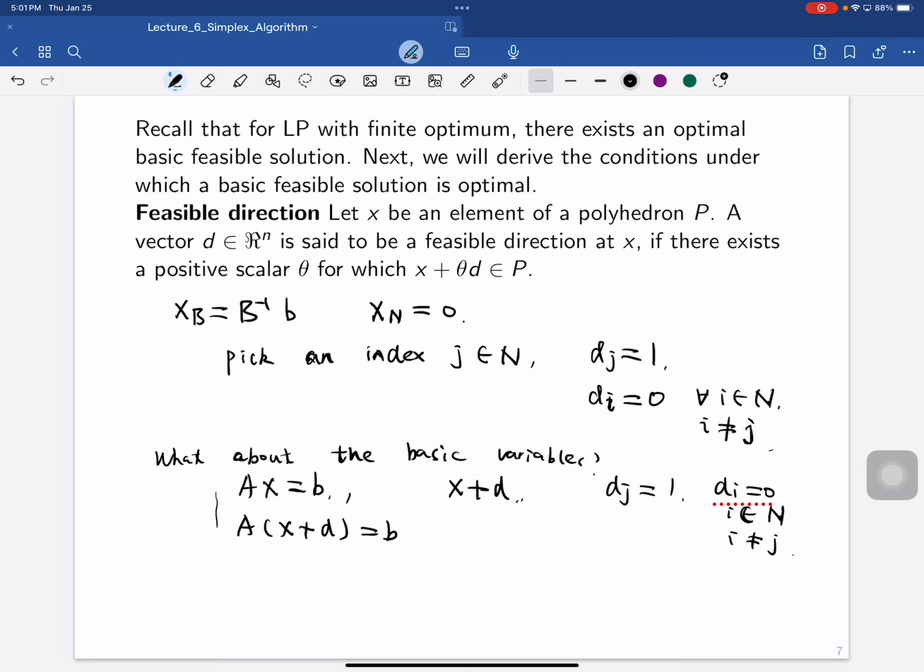So if you combine these two, that means the direction has to satisfy Ad equals 0. That's just a very simple thing. And if you expand this, A can be divided into two parts, the basic matrix part and the non-basic part, and d can be divided into two parts, the basic part and the non-basic part, and that has to be equal to 0, right? That's just rewriting the constraint.